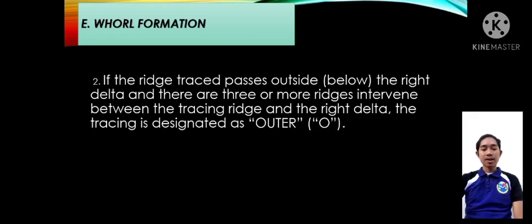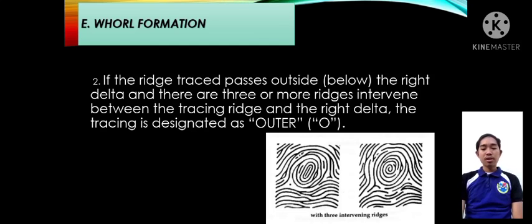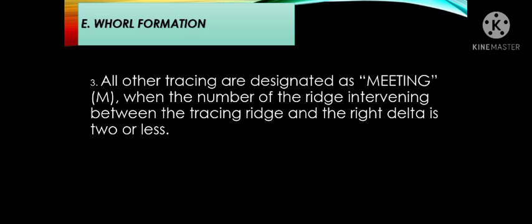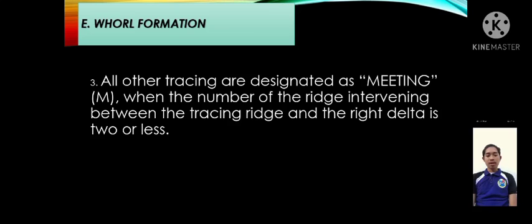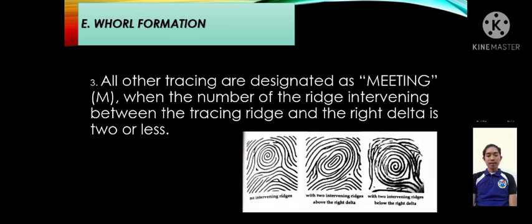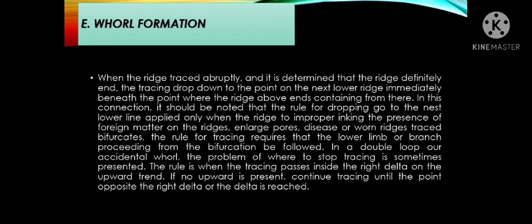If the ridge trace passes outside the right delta and there are three or more ridges intervening between the tracing ridge and the right delta, the tracing is designated as outer. All other tracings are designated as meeting, when the number of ridges intervening between the tracing ridge and the right delta is two or less.